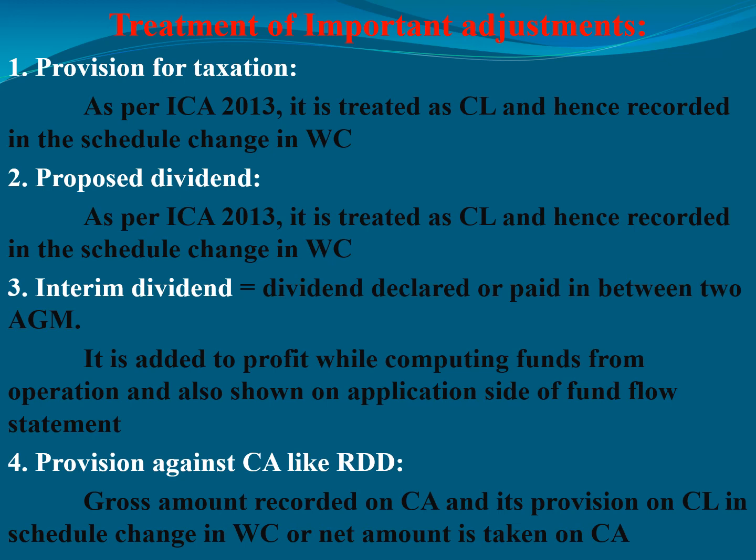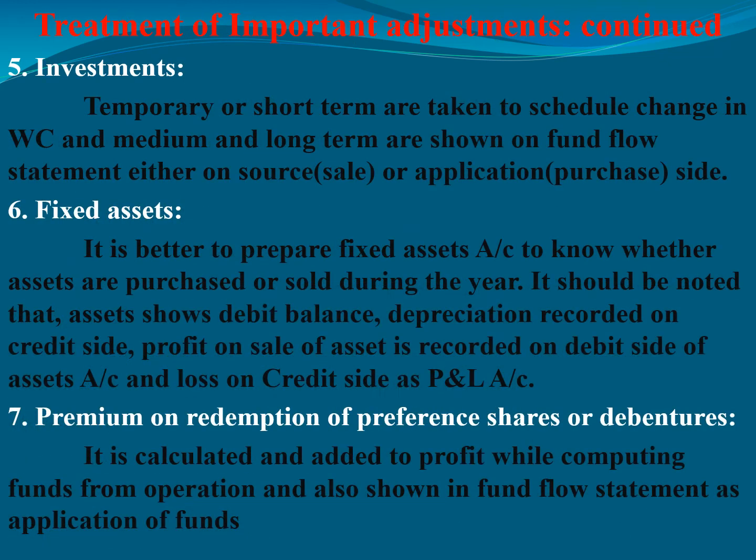And that RDD, that provision, you have to show in current liabilities, previous year and current year, and there also do the increase or decrease accordingly. It's better that I suggest you take the gross amount and show RDD in the current liabilities column, or for simple calculation just take the net amount in current assets. Correct.